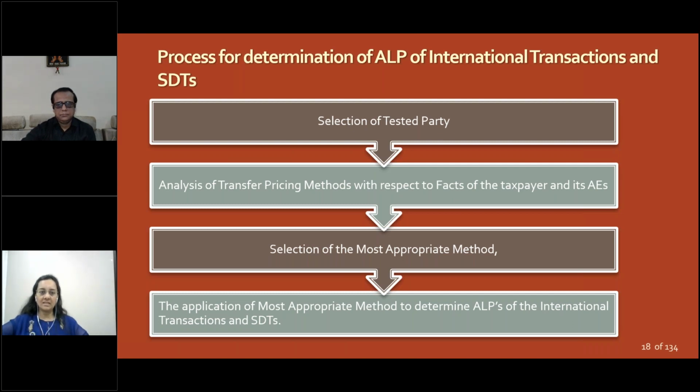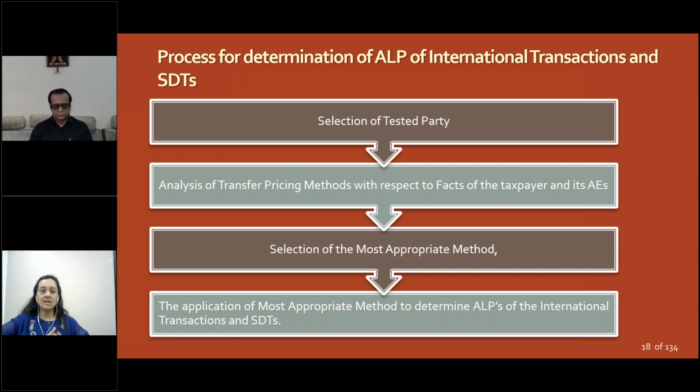Once you've selected the tested party, the next thing to do is an analysis of the transfer pricing methods with respect to the facts of the taxpayer and the AE. You have to understand what the taxpayer is doing and what its AEs are doing, what we normally call a FAR analysis, a function, asset and risk analysis, both with respect to the taxpayer and the AE.